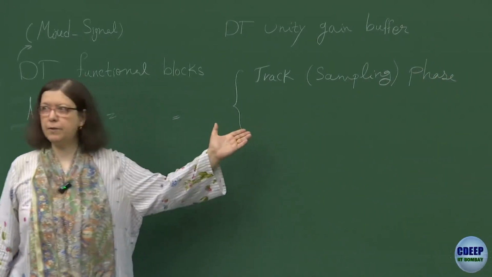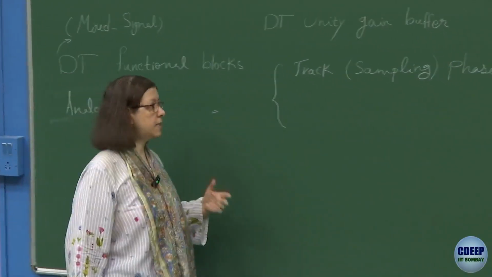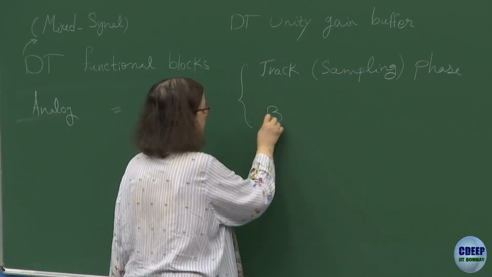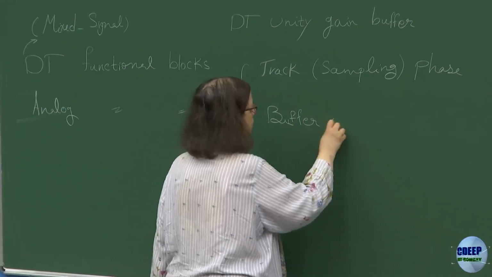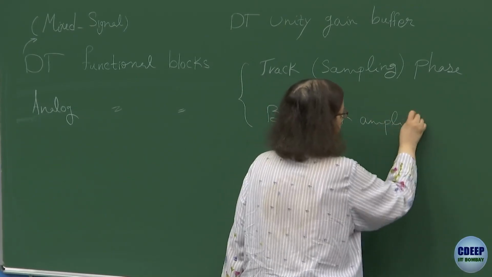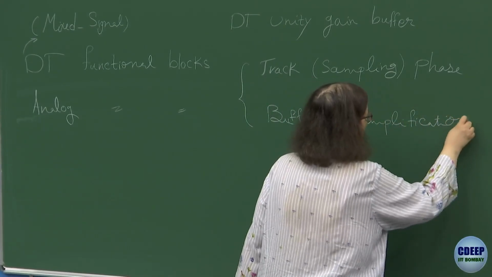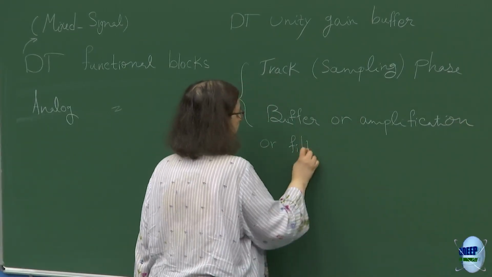In track and hold, we call it the hold phase, but here it's not just hold, it's more than that. It's some operation. For example, it could be just a buffer operation, or amplification, or any kind of operation, say for example filtering.